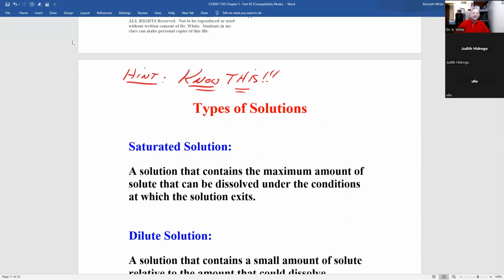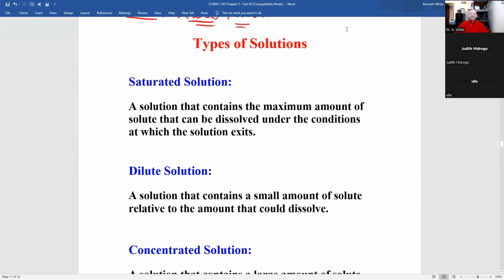Now, when we talk about solutions, there are different names chemists use. The first one is a saturated solution. A saturated solution contains the maximum amount of solute that can be dissolved under the conditions in which the solution exists.